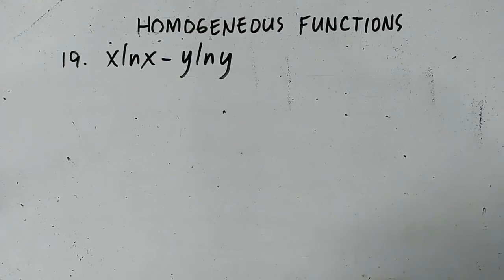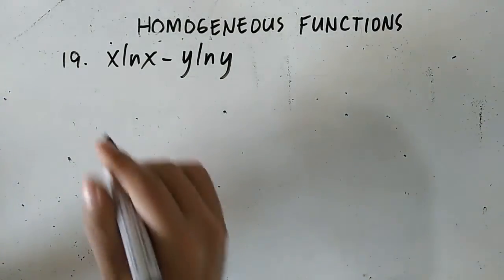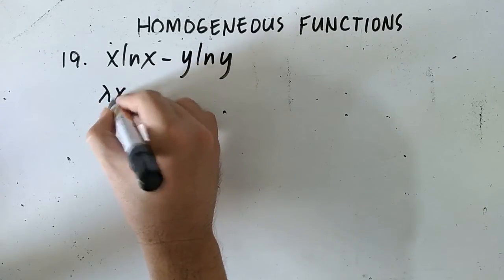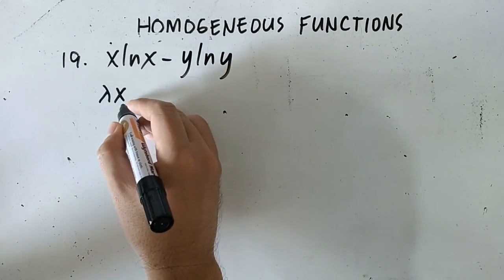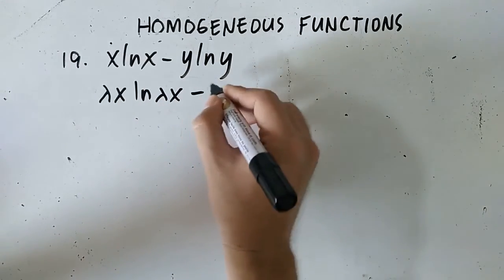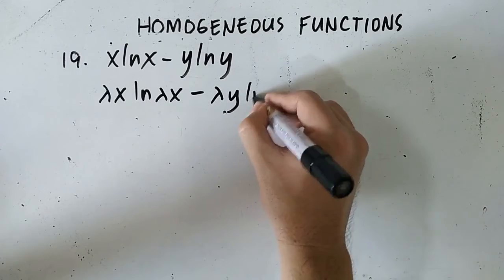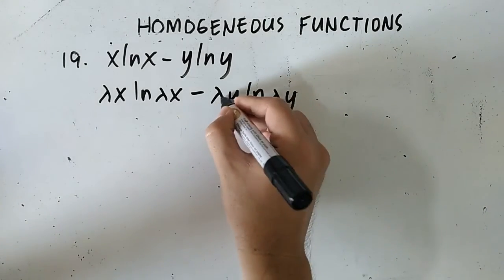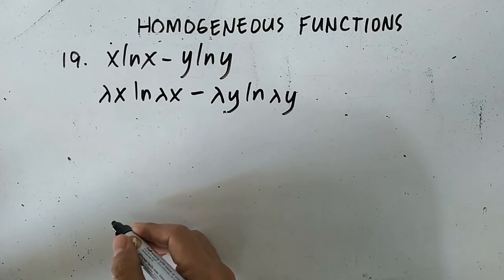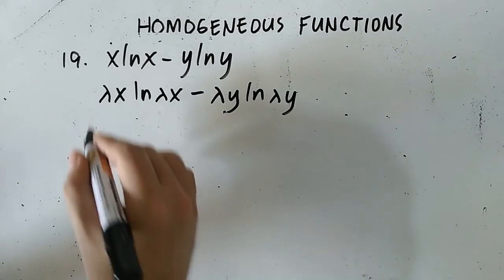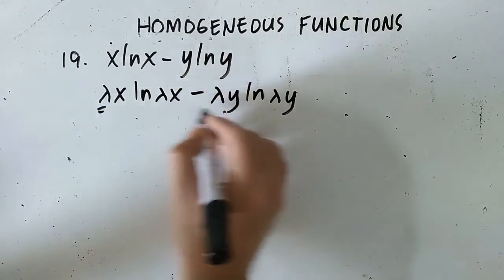For our last example, we have x ln x minus y ln y. We insert once again our constant coefficient lambda: lambda x ln lambda x minus lambda y ln lambda y. What we will do is factor out this lambda here.